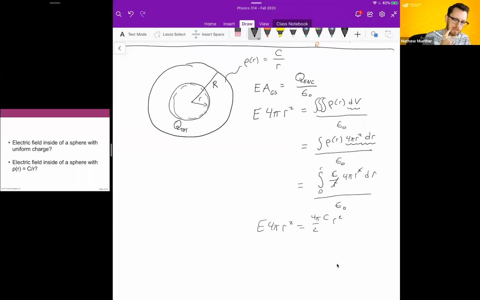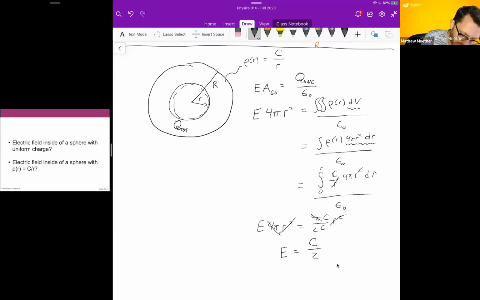Oh, look, a bunch of stuff cancels out now. I have a factor of 4 pi on both sides, and a factor of r squared on both sides. And I get that E is just equal to C, whatever this constant is, divided by 2, over epsilon naught still.